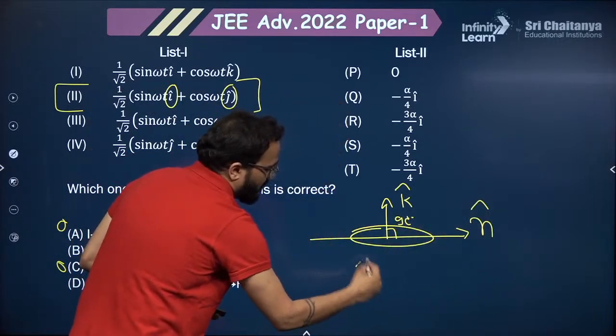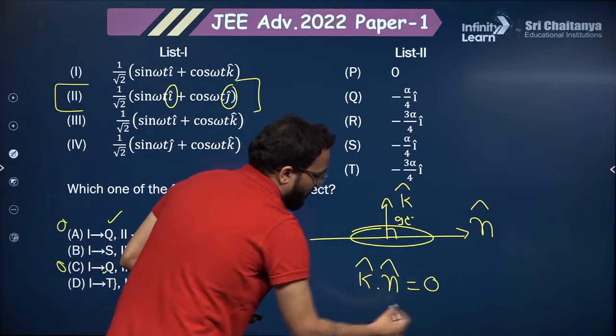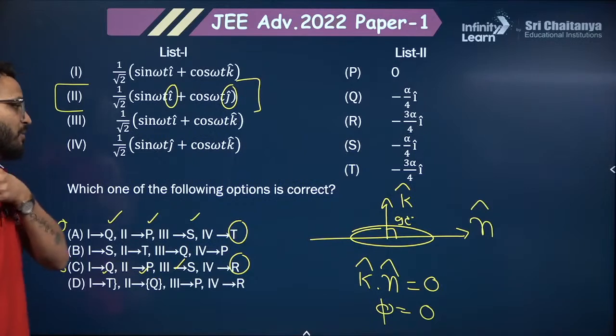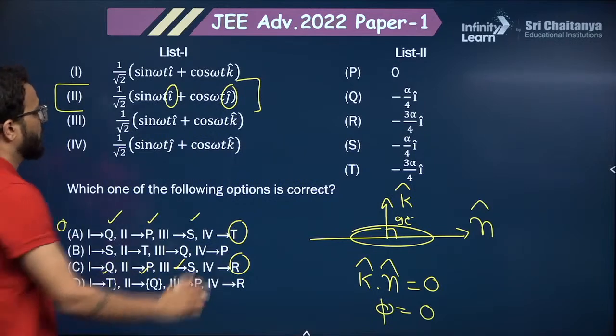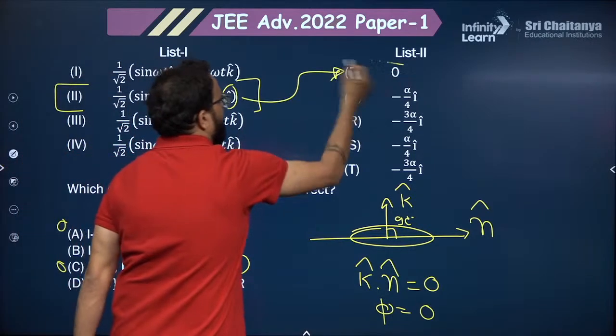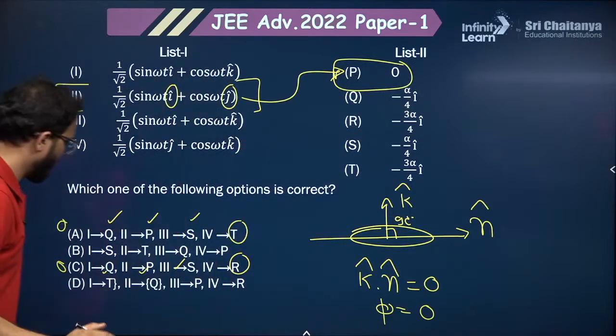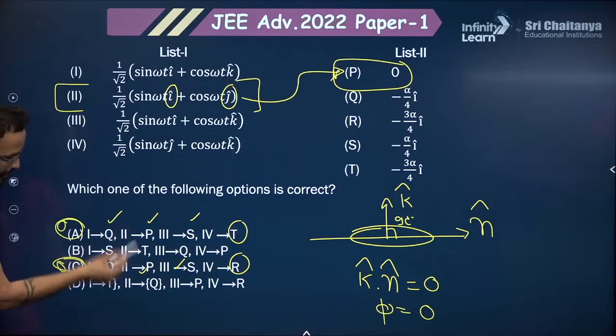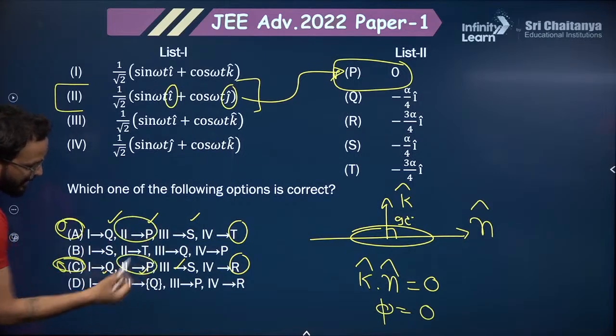So k cap dot n cap will be 0, so flux will be 0, and if flux is 0, then there will be no induced current, there will be no torque. So I guess for this P is absolutely correct. That means we were right about thinking that A or C might be correct. So the second option has P correct, we have checked it.